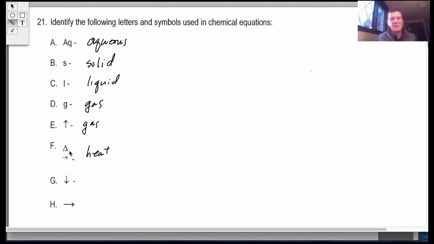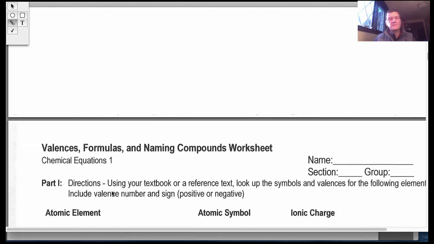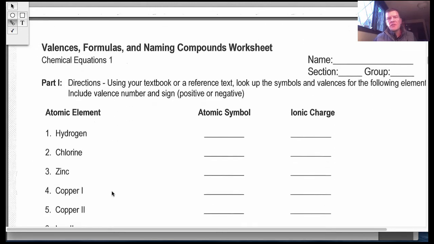That delta symbol is a change in heat, change in probably temperature. Down arrow would also mean there's a solid, or we could say precipitate. And then this means yields. That is going from reactant to product side.